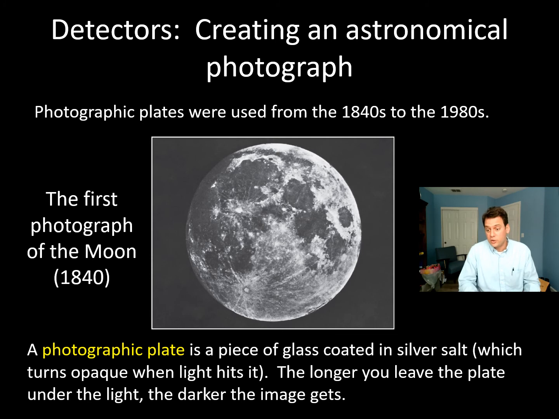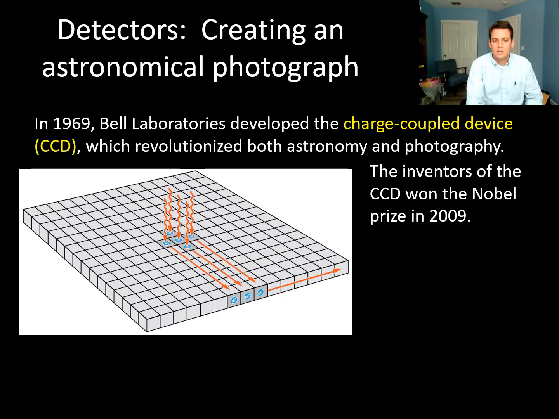It's a pretty darn good image of the moon. We get better ones now, but it's pretty cool looking. And certainly if you think about how much better this is than what you can see clearly with your naked eye, it's pretty impressive.